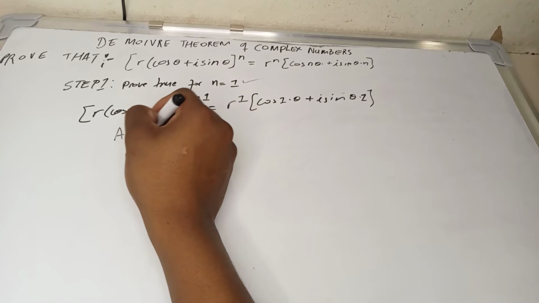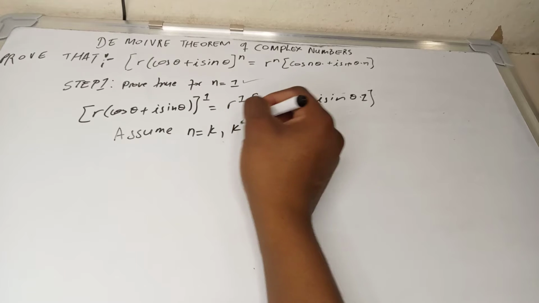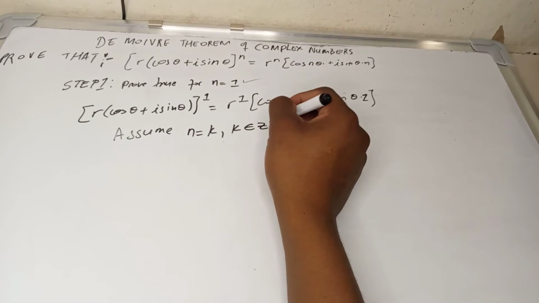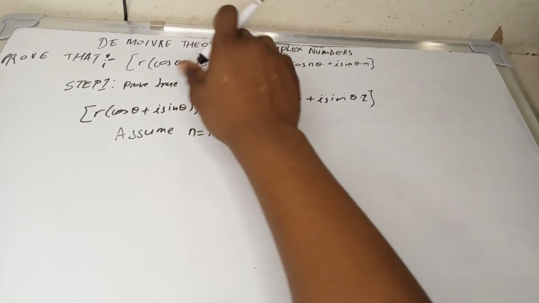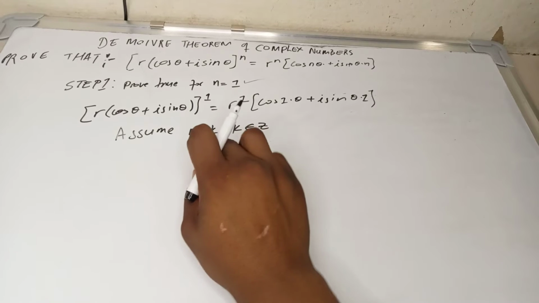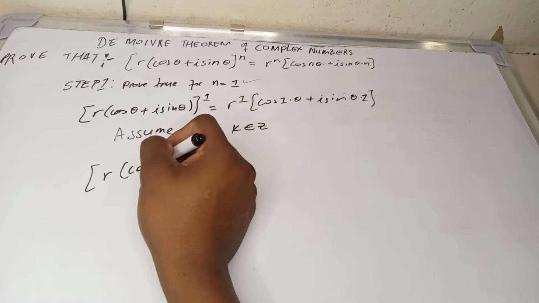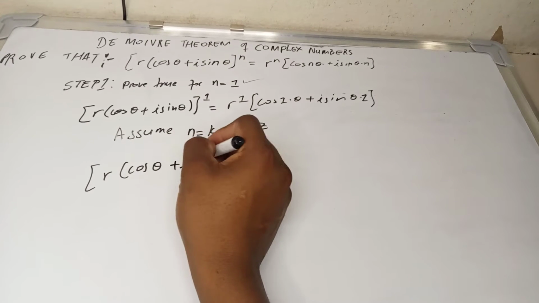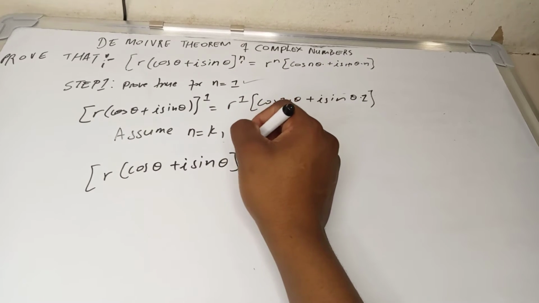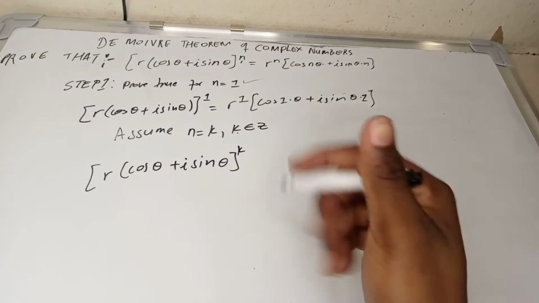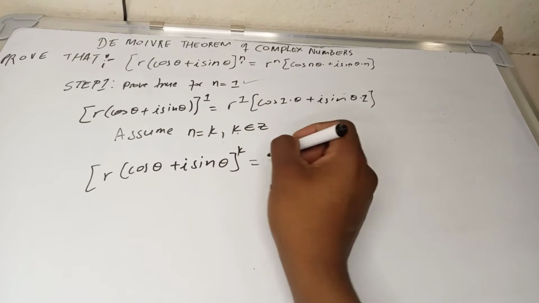On step 2, we're going to firstly assume that n is equal to k, given that k is found in the integers. So wherever we have n, let's substitute k there. So let's have r cos theta plus i sin theta to the power of k in this case. Instead of that n, I will use k, since I have assumed that k is indeed equal to n.